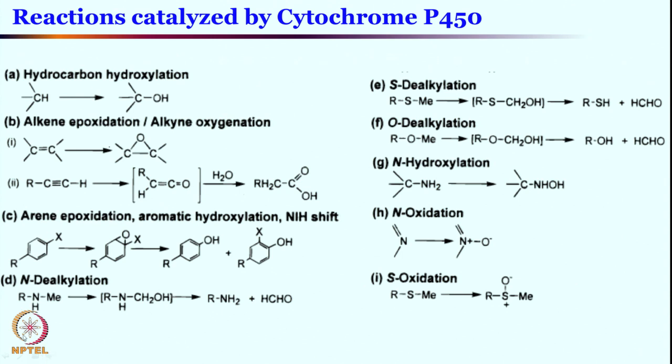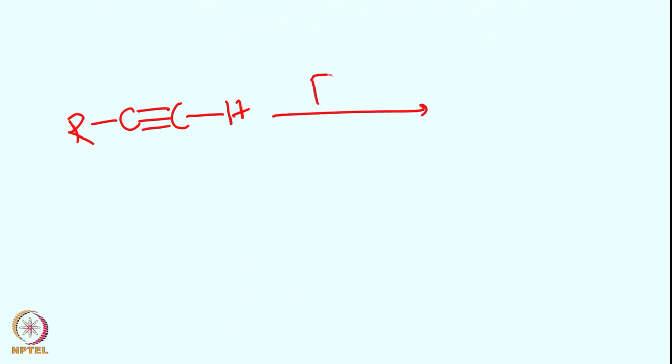Let me draw that reaction just quickly. If we are trying to draw this reaction, it would be C triple bond CH, and then R, and let us say this iron oxo intermediate is there.